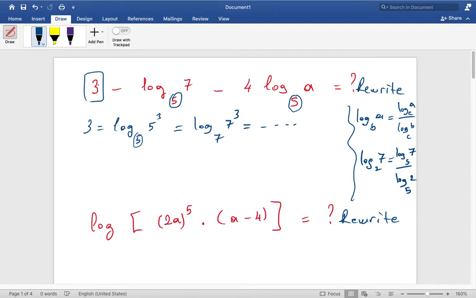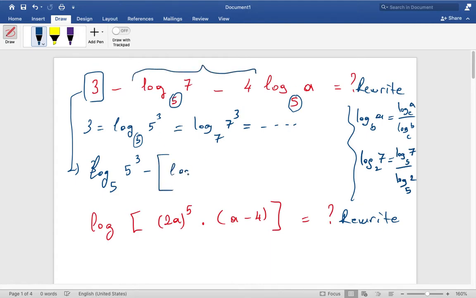So 3 will be equal to logarithm to the base 5 of 5 to the power of 3, minus, if I take minus outside parentheses, then my expression will be this part: logarithm to the common base 5 of 7 plus logarithm to the base 5 of, and if I take this 4 as a power here, a to the power of 4.